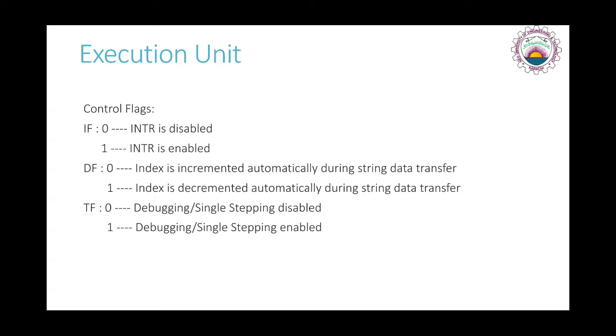But some softwares are available like DEBUG, a utility of DOS, that may assign logic 0 and 1 to trap flag for enabling and disabling single stepping. If trap flag is having 0, then single stepping is disabled, or otherwise if trap flag is having logic 1, stepping is enabled and you may debug your code.